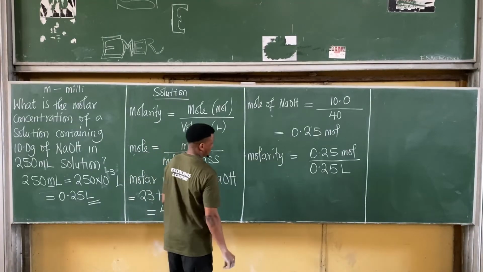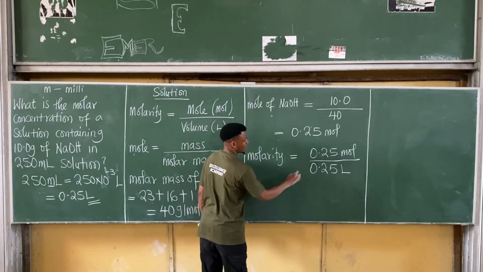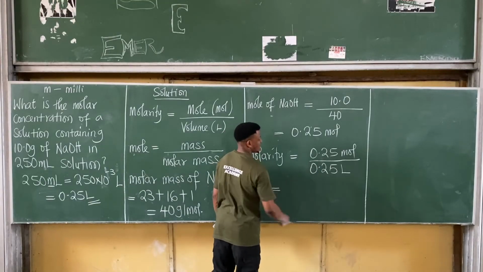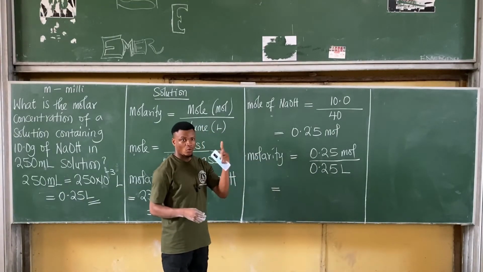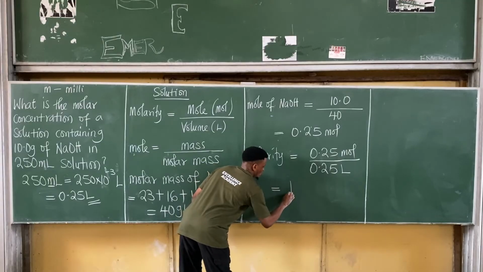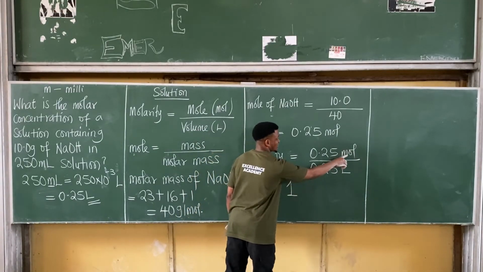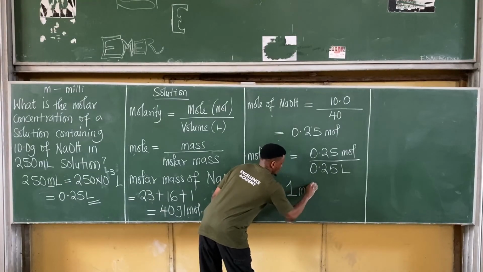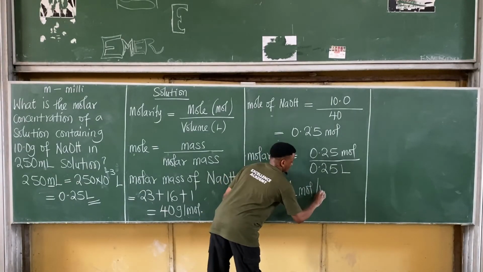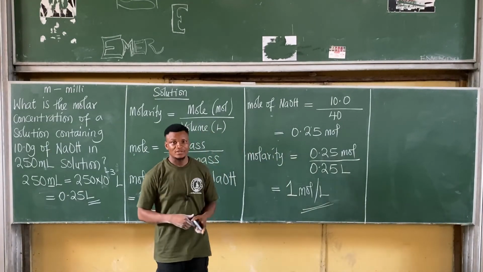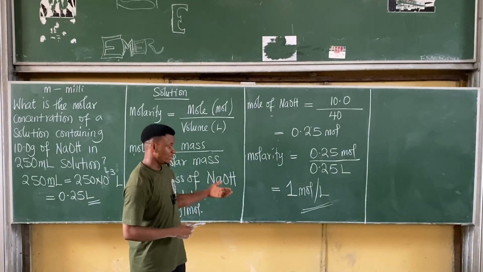If you punch your calculator, 0.25 divided by 0.25, they both cancel out and you have 1. So my answer becomes equal to 1. That's your answer. Put the SI unit. It becomes mole per liter. So this becomes the solution to this problem.